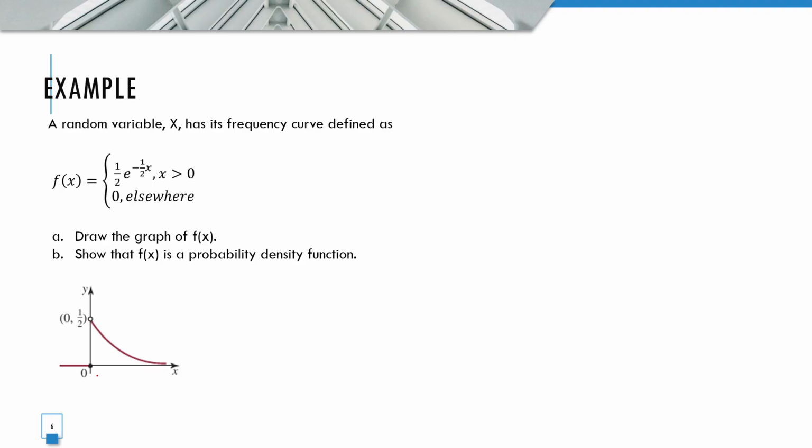Therefore, this is the illustration. This is the answer for letter E. I just draw this one so that it could be accurately shown here. If we substitute the value x equal to 0 into the function, the result is 1 half.